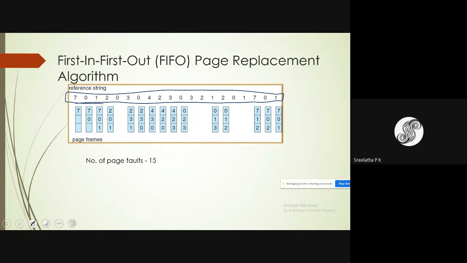Here the reference string indicates the CPU is requesting page number 7 first, and then page number 0, next page number 1, page number 2, again page number 0, next page number 3, again page number 0, and so on.